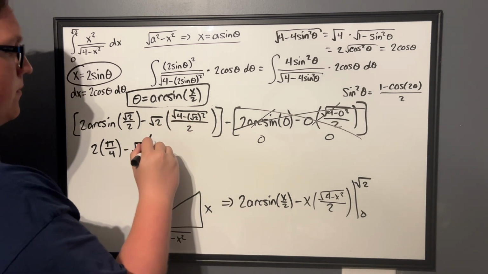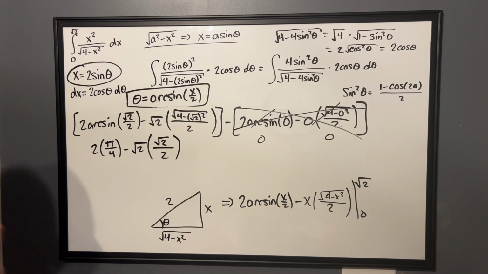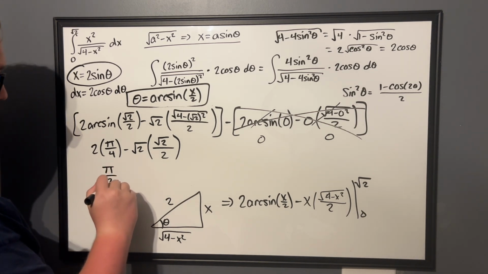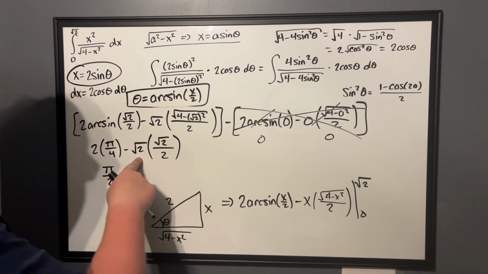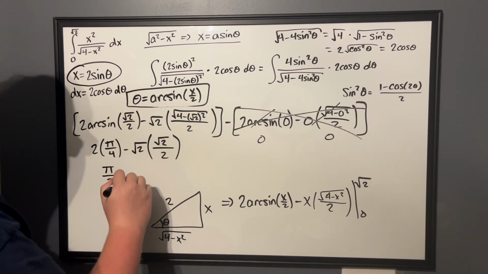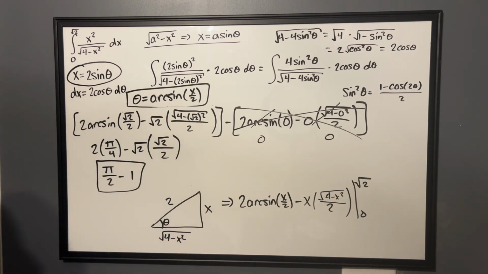And that's the square root of 2. So square root of 2 divided by 2. And now we can simplify just a little bit more, because this will turn into just pi over 2 minus, when we multiply root 2 times root 2, we just get 2. And 2 divided by 2 is 1, so we get pi over 2 minus 1. And that right there is the answer to this integral.